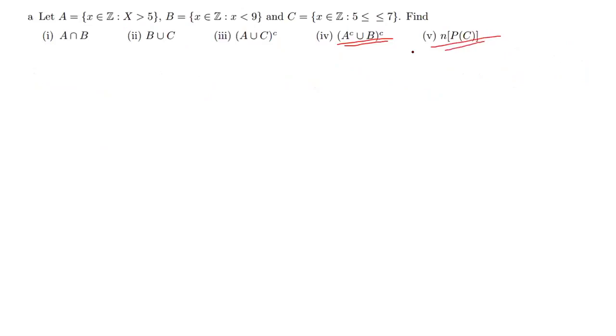Finding the cardinality of the power set of C. We said our C is equal to 5, 6, and 7. So now to find the cardinality of this power set, you write it as n of P(C).